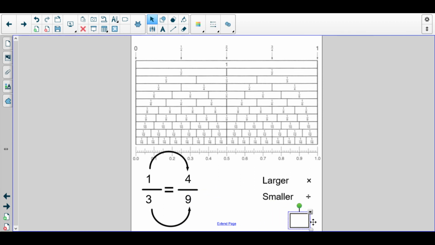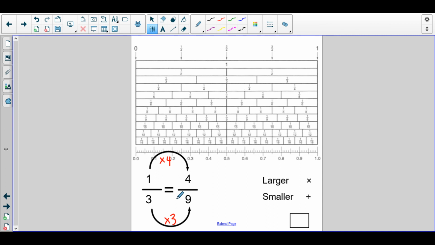Well, from 1 to the 4 we got larger, so we multiplied. 1 times 4 gives me 4. Down here I went from the 3 to the 9, which means I got larger. 3 times 3 gives me 9.